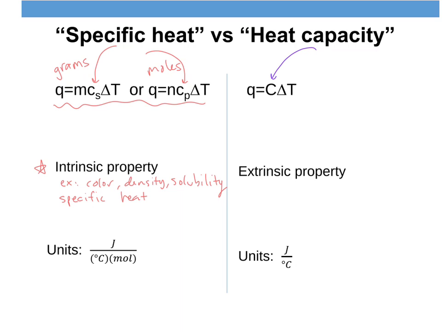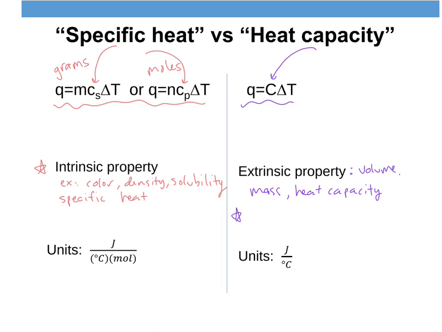Now that's going to be different from what we're going to see for the heat capacity. Heat capacity is an extrinsic property, like volume and mass, things that change depending on how much stuff you have. Heat capacity is a property of a specific object.